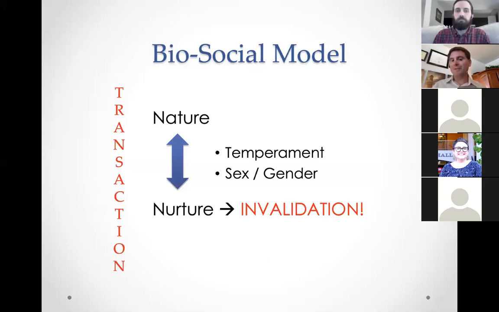Do you think that's possible? And the answer is yes, right? If you have the right temperament, sensitive temperament especially, and you receive enough of that kind of invalidation, you can develop full-fledged borderline.